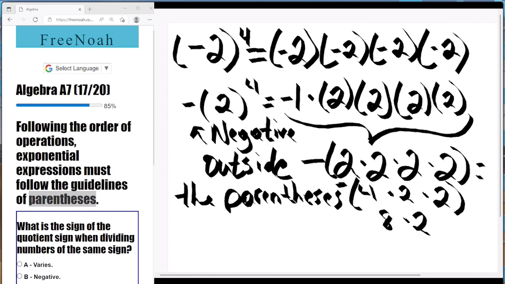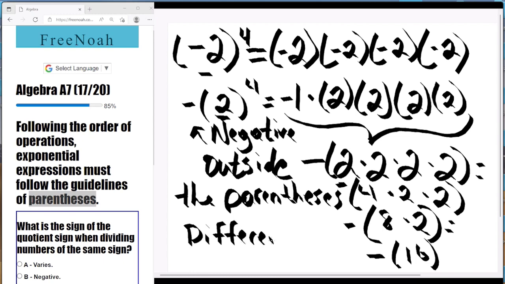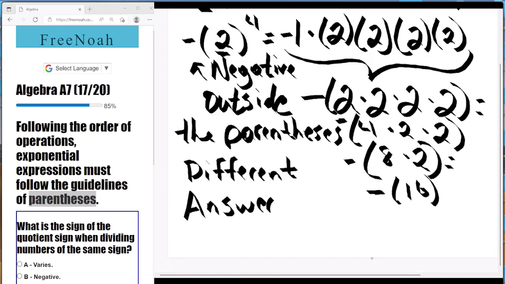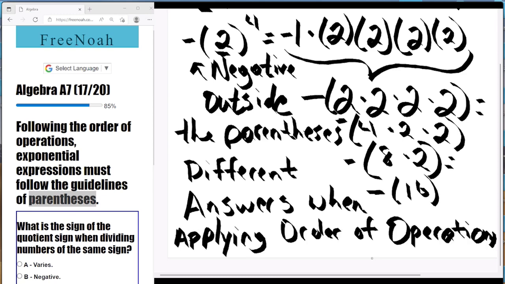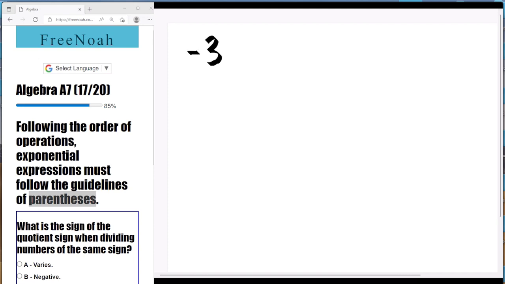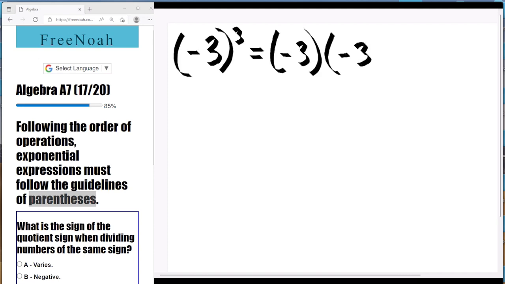Then our next regrouping is in the parentheses, +8 times +2 with a negative on the outside. And then ultimately we come out with a -16. So the location of the negative, and applying the order of operations when dealing with exponents and negative numbers, is extremely important.